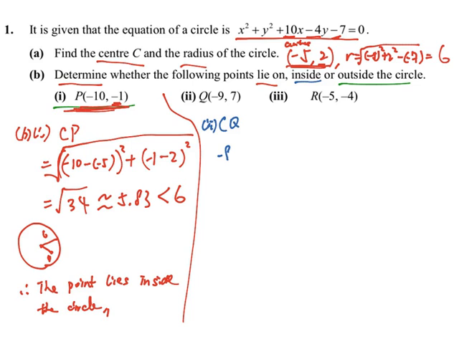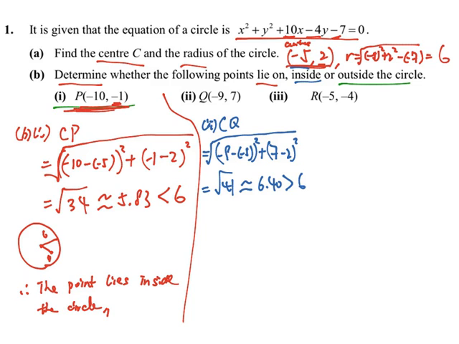Negative 9 minus negative 5, squared, and then 7 minus 2, squared. So we get square root of 41, which by calculator is 6.40.